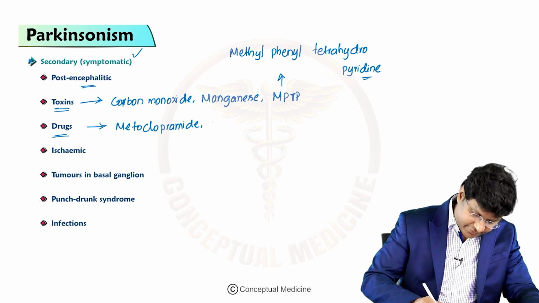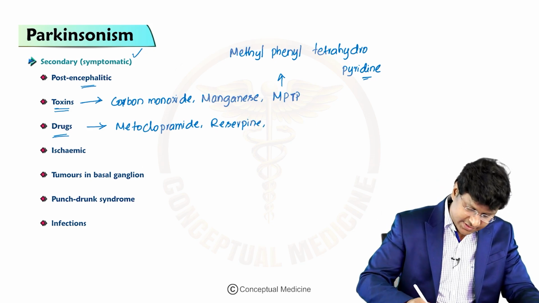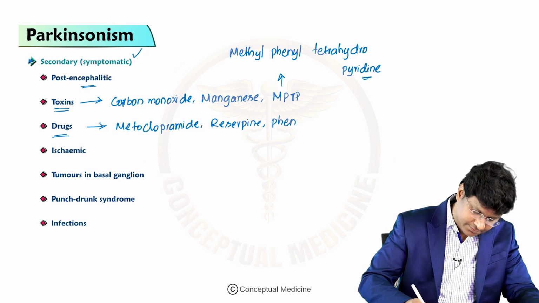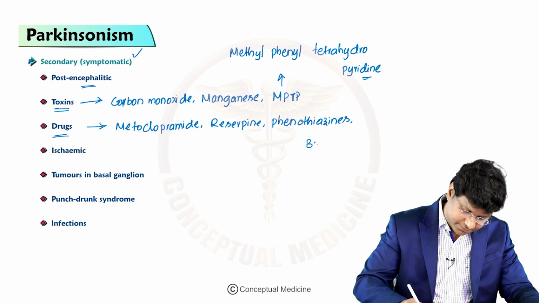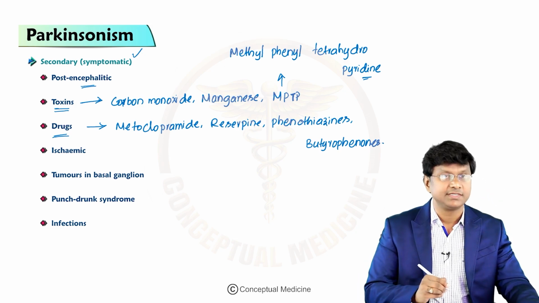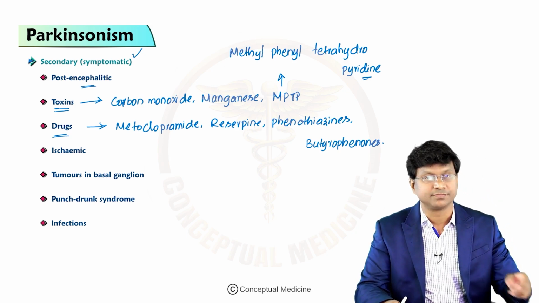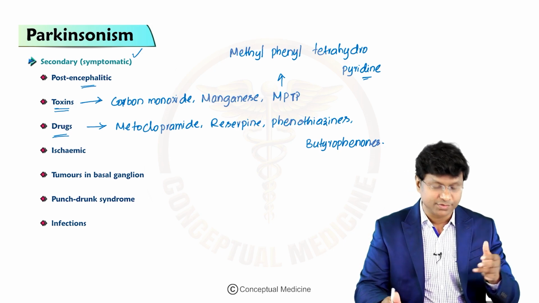Followed by that, we have drugs like reserpine, then phenothiazines, followed by butyrophenones. So these are the drugs which cause Parkinsonism: reserpine, phenothiazines, metoclopramide, and butyrophenones.